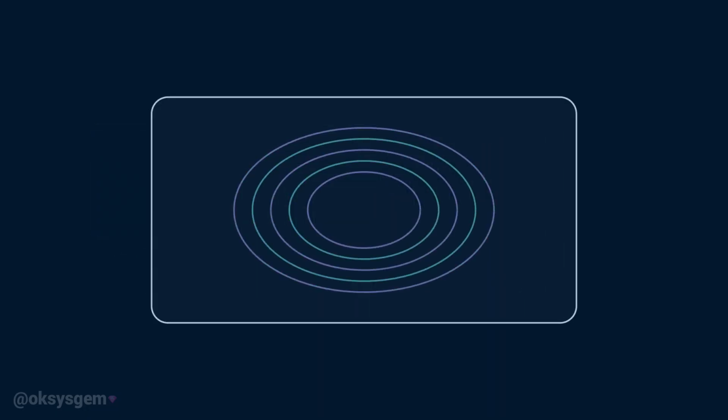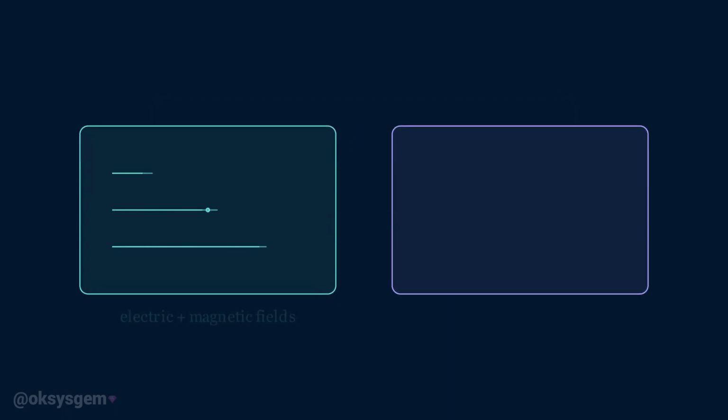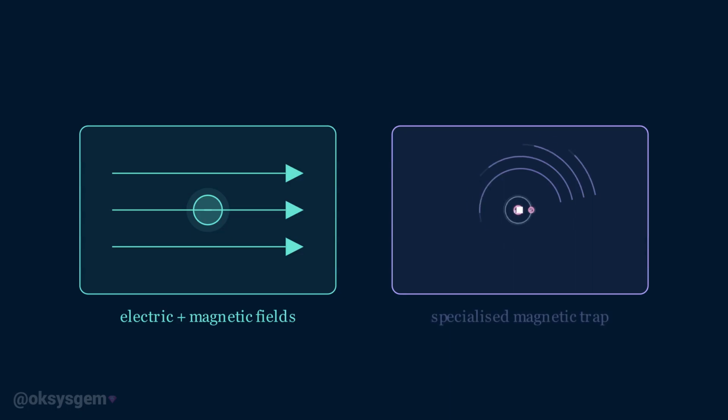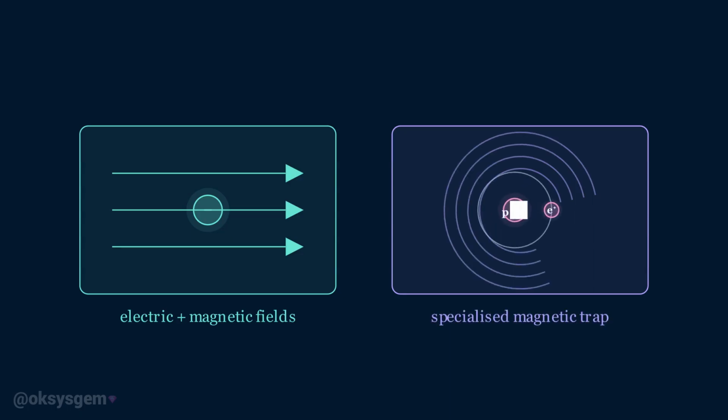And storing more antimatter creates a difficult engineering loop. Antimatter cannot simply rest against the walls of a container. If it touches them, it annihilates. Charged antimatter particles can be suspended using electric and magnetic fields, while neutral antihydrogen can be confined using specialized magnetic traps.